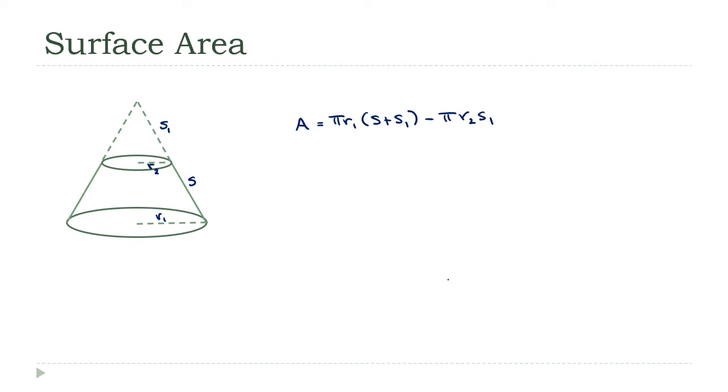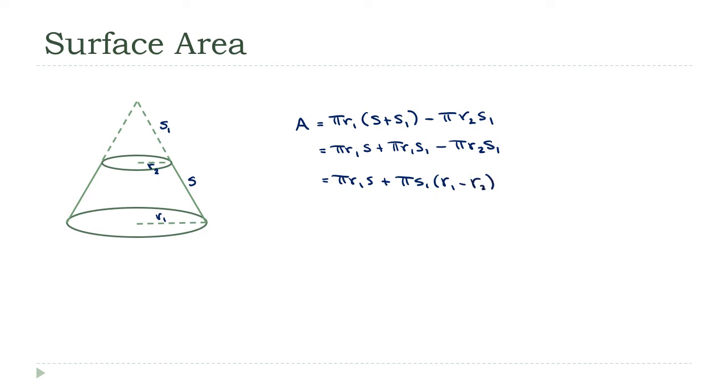Okay, now I need to eliminate those s1s, right? So I'm going to rearrange this a little bit. I'm going to make this pi r1 s plus pi r1 s1 minus pi r2 s1. All right, then I'm going to factor s1 out of here. All right, so this will be pi r1 s, that part stays the same, plus pi s1 (r1 minus r2).